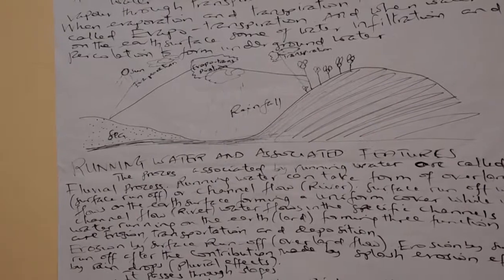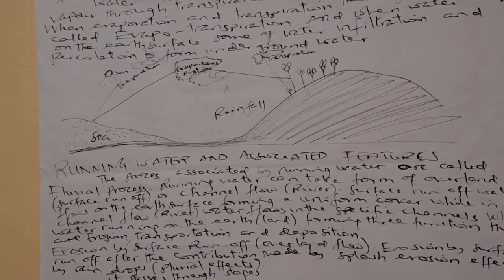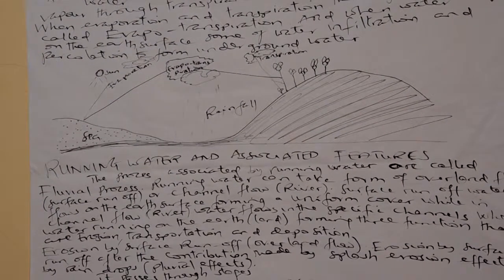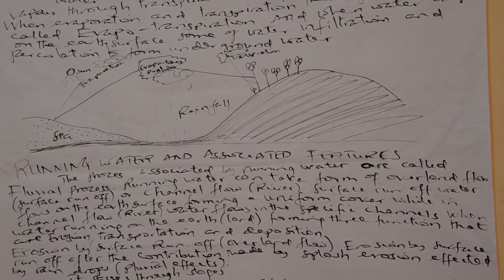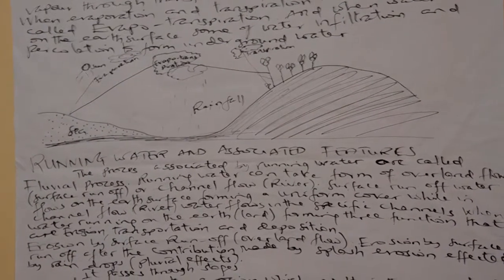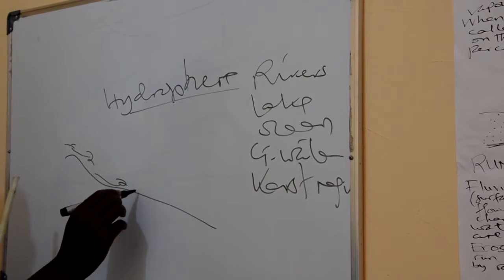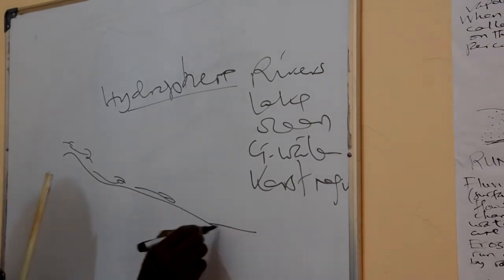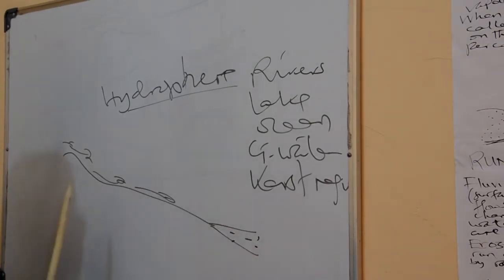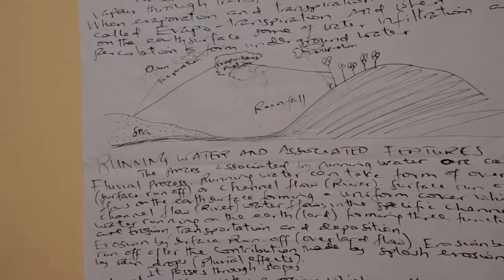Wherever droplets of rain fall, the water will be moving, running or flowing from one place to another, especially from the source to the mouth, or from the uplands to the lowland. The processes associated with running water are called fluvial processes.